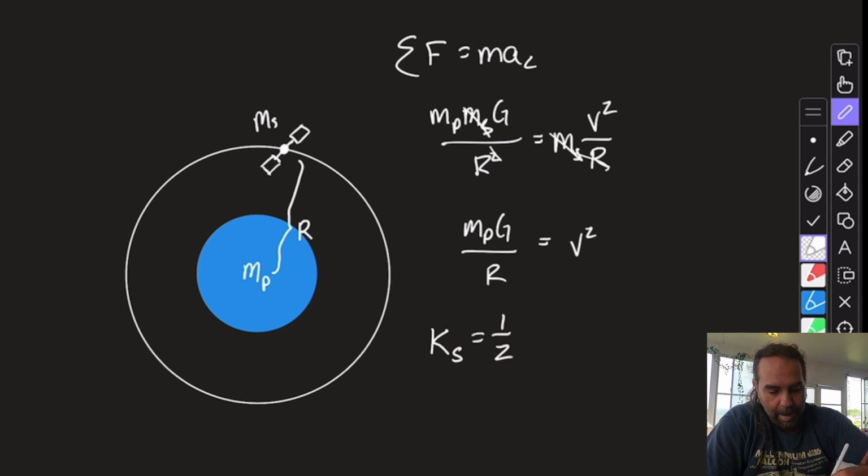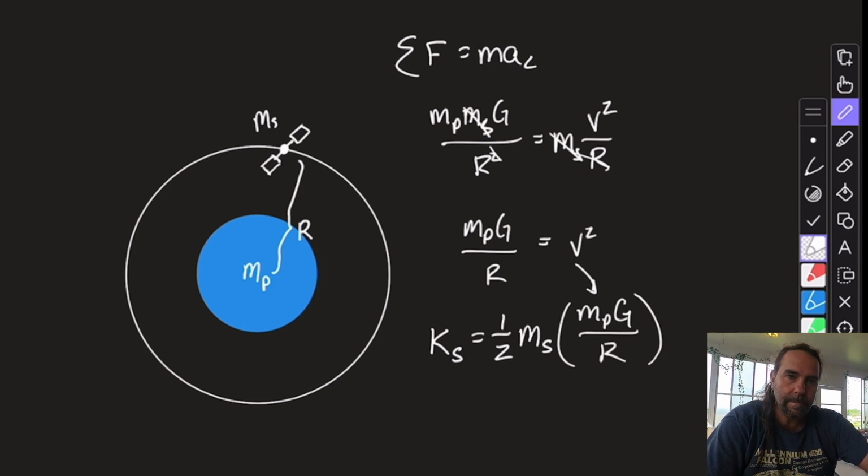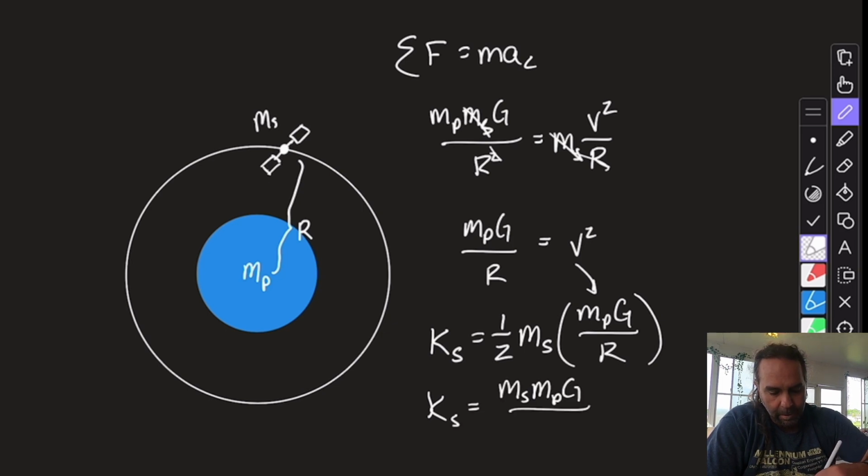It has 1/2 mass of satellite times V squared, which is MPG over R. This is how much energy the satellite has in the form of kinetic. So we can write one more line: MS MPG over 2R.